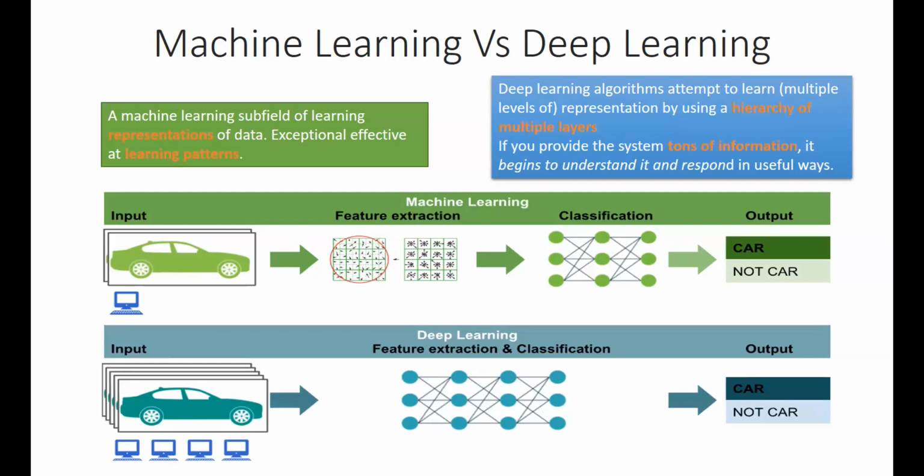Particularly, suppose there's an image, and when you pass that image into the model, it should return whether it's a car or not. If you follow basic machine learning, it extracts the features, then does the classification, and based on the classification it returns the output, whether it is A or it is B.